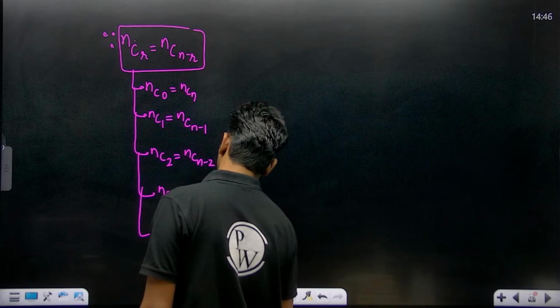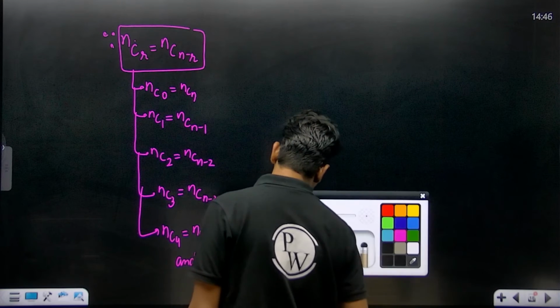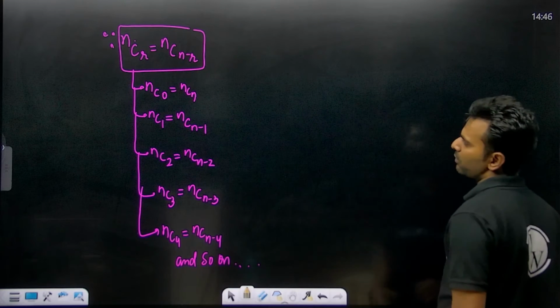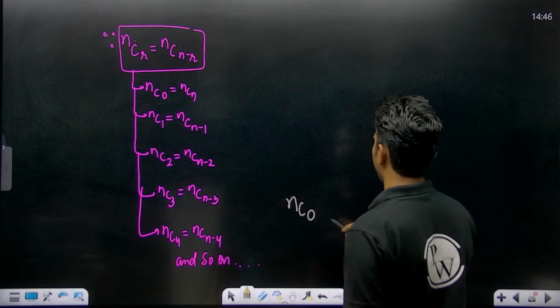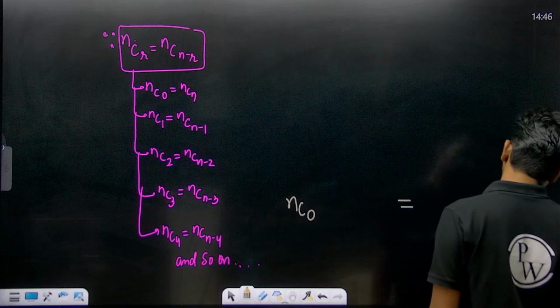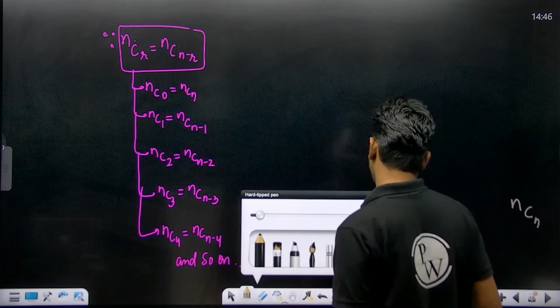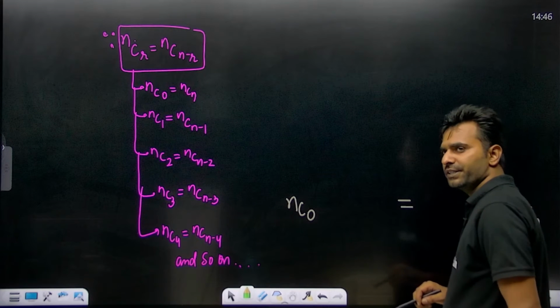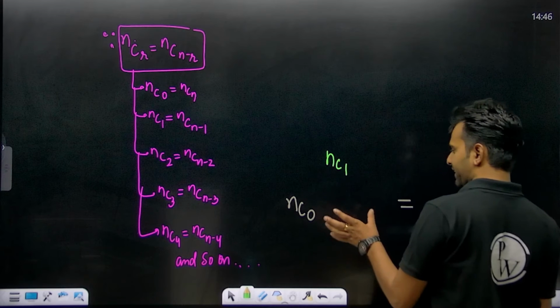Number 2, if we talk about the magnitude of all these values, nC0 and nCn are at the base. They are the least values, and both of them have the value 1 only. Then the value of nC1 is higher than these two.